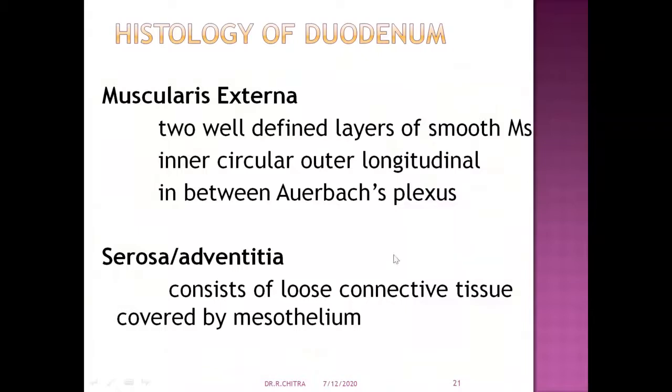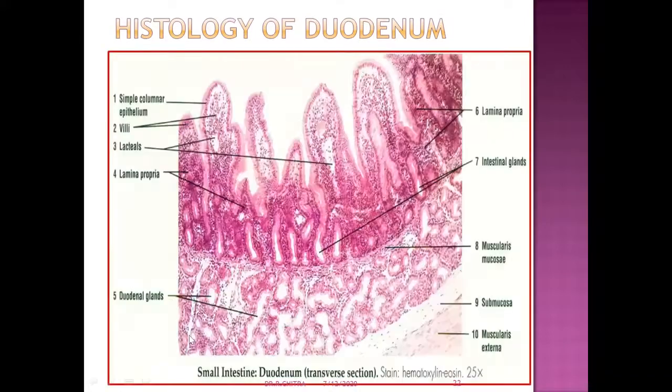So other two layers are same as other parts of the GIT, containing two well-defined layers of the smooth muscle, inner circular and outer longitudinal. In between the same Auerbach's plexus will be situated. Serosa will contain same loose connective tissue covered by the mesothelium.